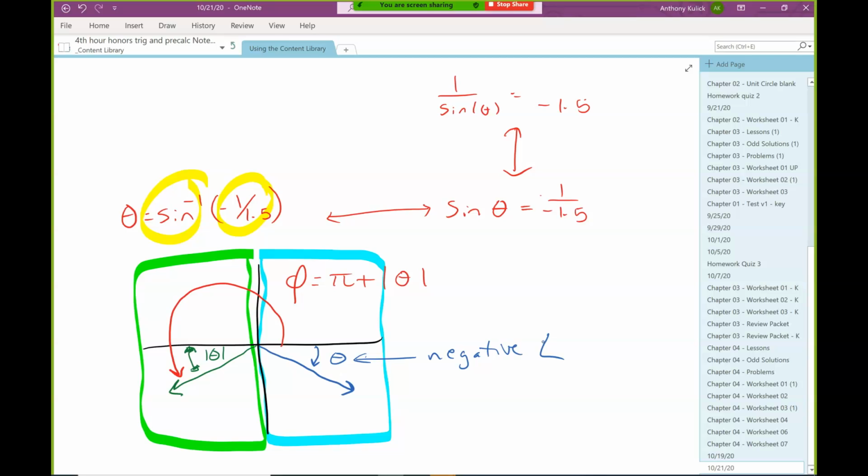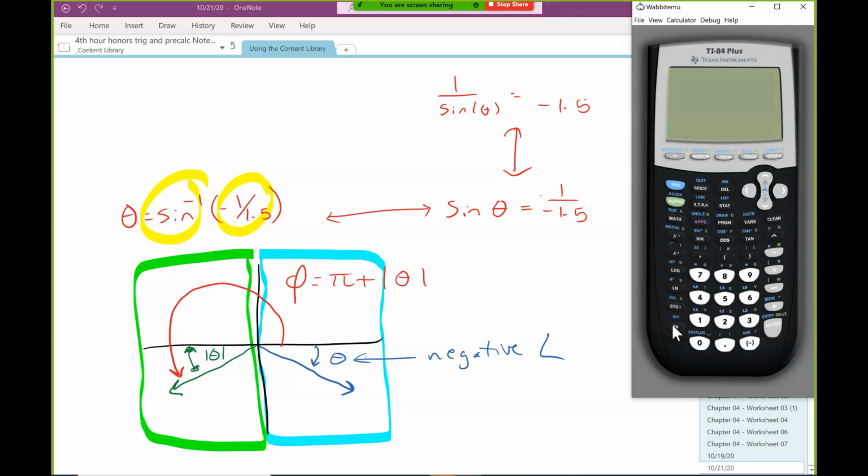Yeah. Okay. So now I just need to type this into my calculator. So I'm going to do pi, and then instead of doing plus the absolute value, I'm just going to do minus since I know that the sine inverse in this case is a negative number.